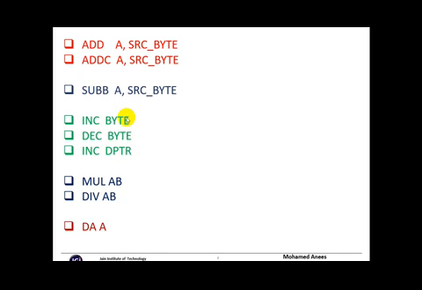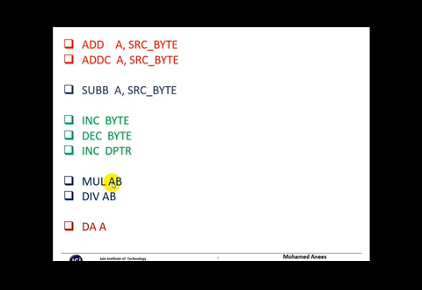The increment adds 1 to the destination. We also saw that when we have the maximum value, that is FF, and we increment, the carry flag is not affected. And we don't have any decrement DPTR. Then we saw multiply AB.